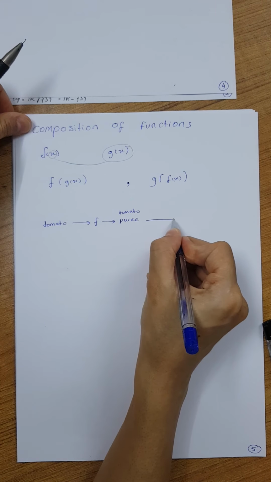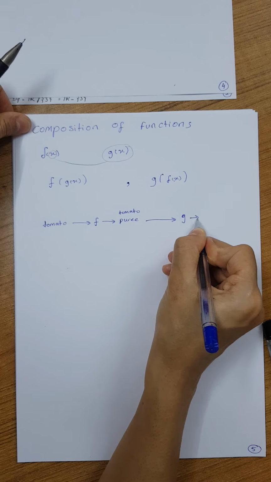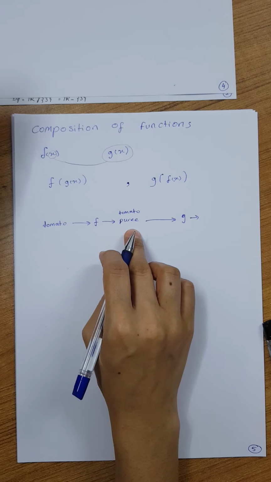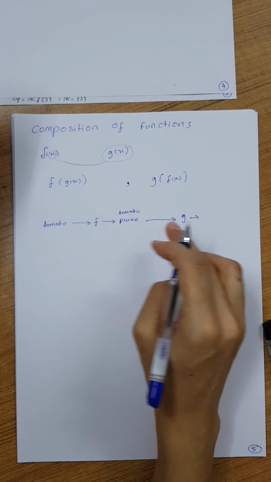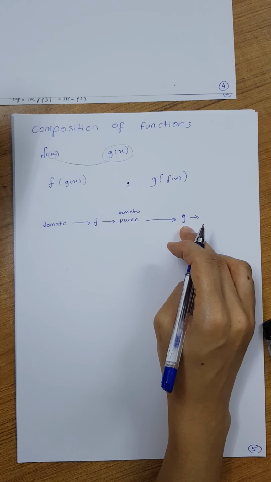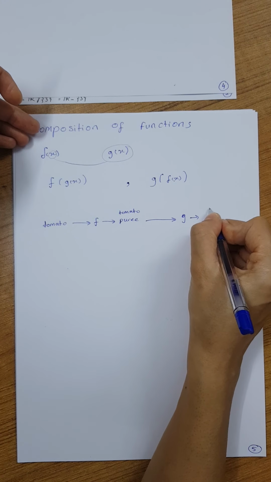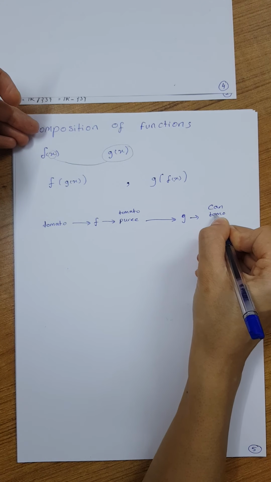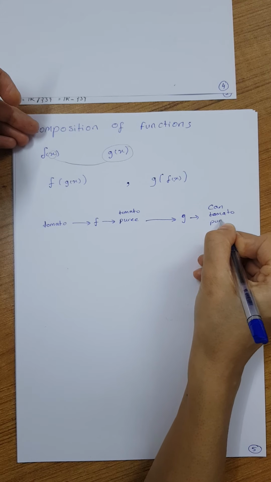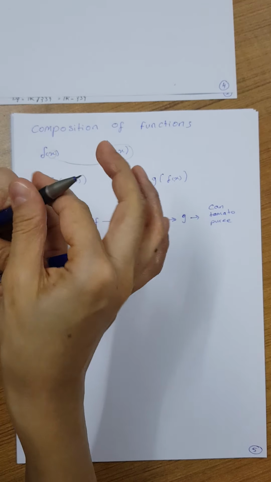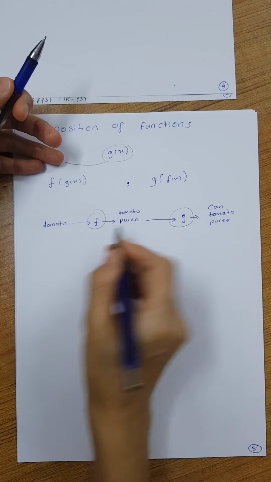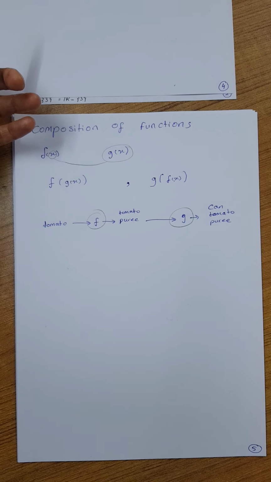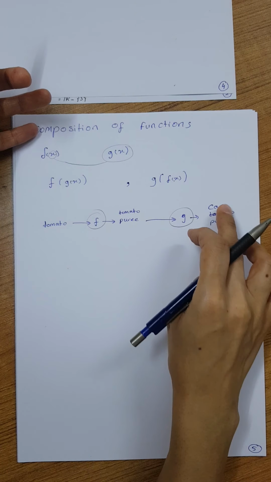If I put this into another machine g, it will put the tomato puree into a can. So the machine f makes the tomato into tomato puree, and the machine g puts the tomato puree into a can.